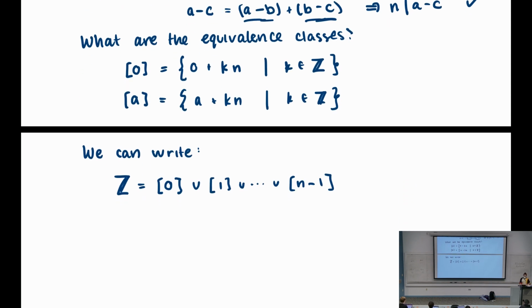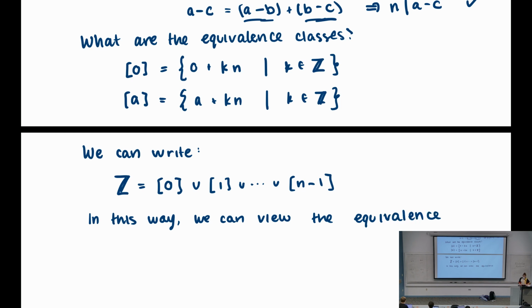So in this way, we can view the equivalence classes themselves as numbers mod n.